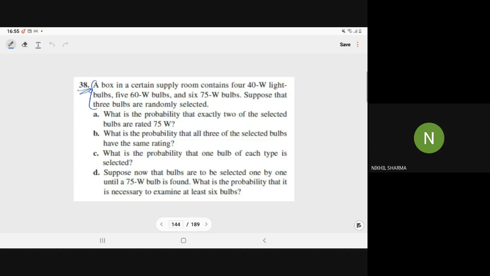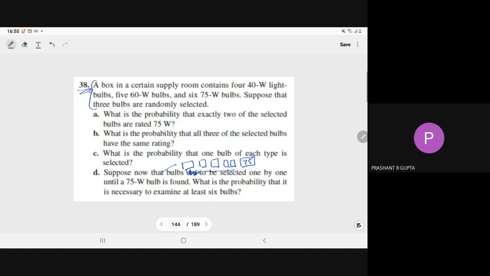Sir, in this question, at the end we have to find a 75-watt bulb. So the sixth valve should be of 75. So in the first, second, third, fourth and fifth selections, we have the choice of 40 or 60.